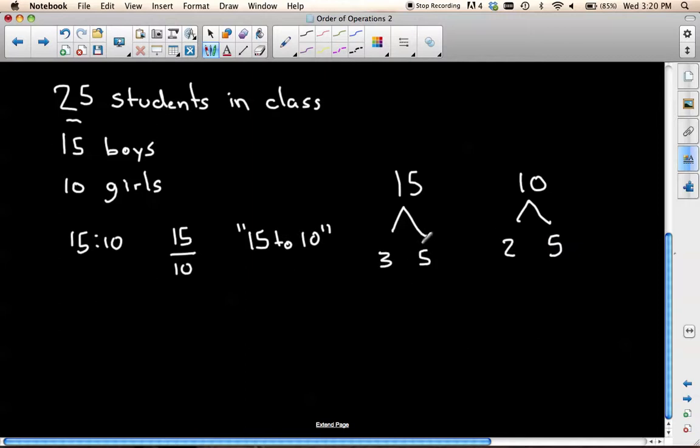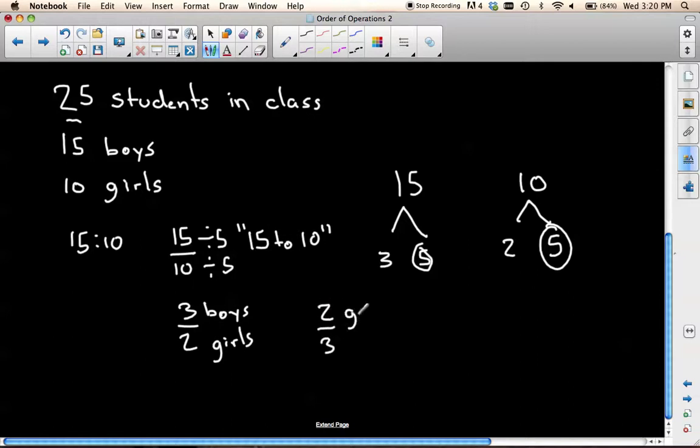The greatest common divisor they have is 5. So if I divide 15 over 10 by 5, 15 divided by 5 is 3, and 10 divided by 5 is 2. My ratio of boys to girls is 3 to 2. And if I flip it, the ratio of girls to boys would be 2 to 3. There are 2 girls for every 3 boys.